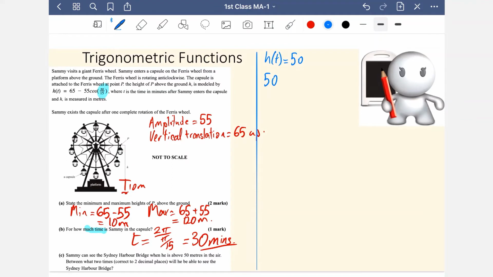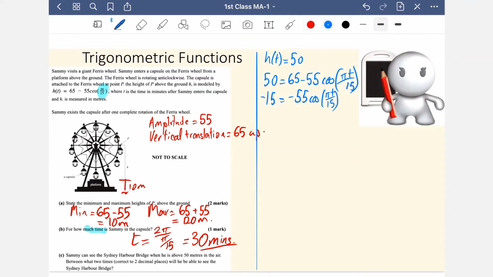So 50 equals 65 minus 55 cos of pi t on 15. Take away 65, and we're going to get negative 15 equals negative 55 cos of pi t on 15.